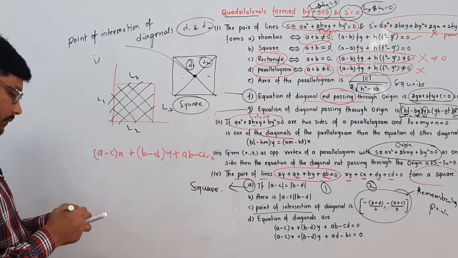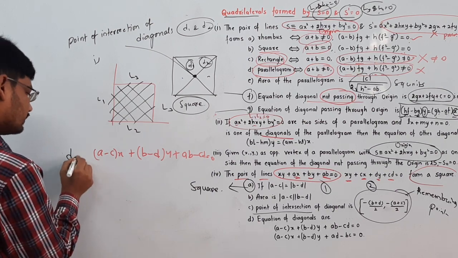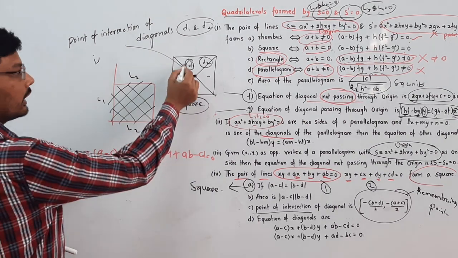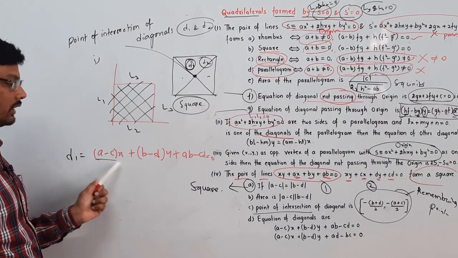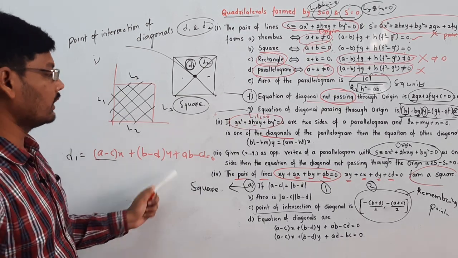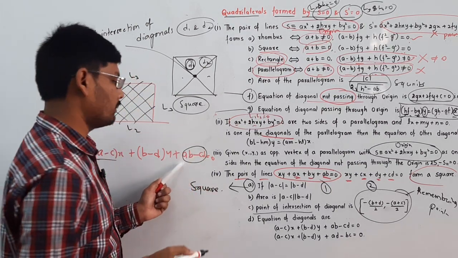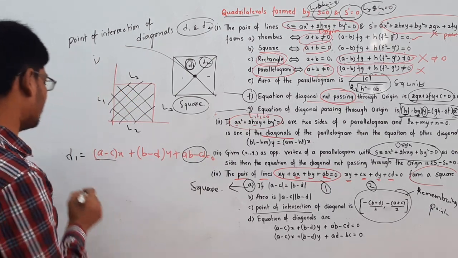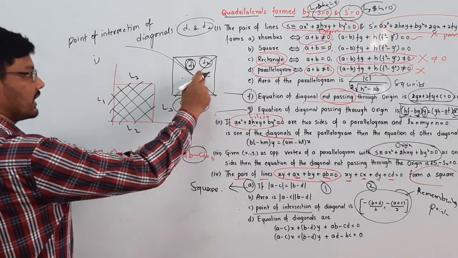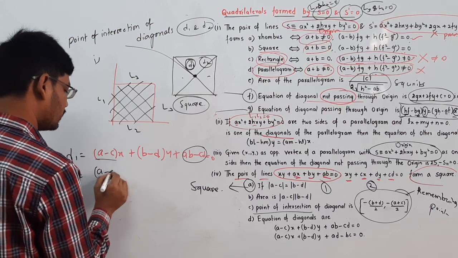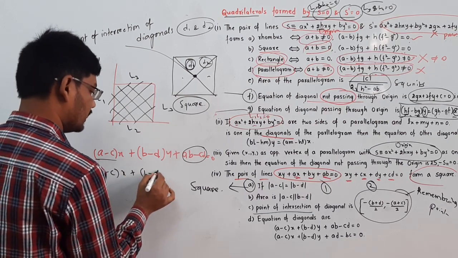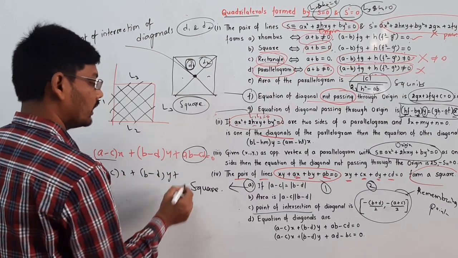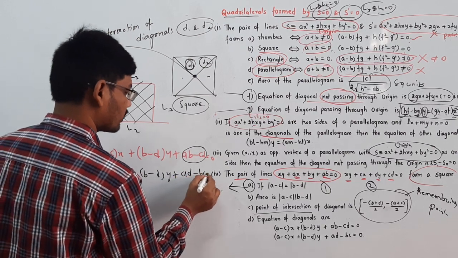Here this is one diagonal D1. And if you want to find the other diagonal, the second diagonal, it is a minus c into x plus b minus d into y plus ad minus bc is equal to 0.